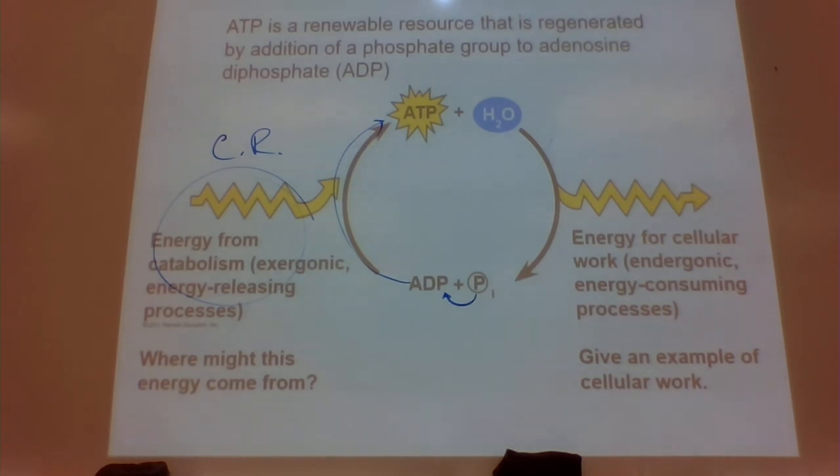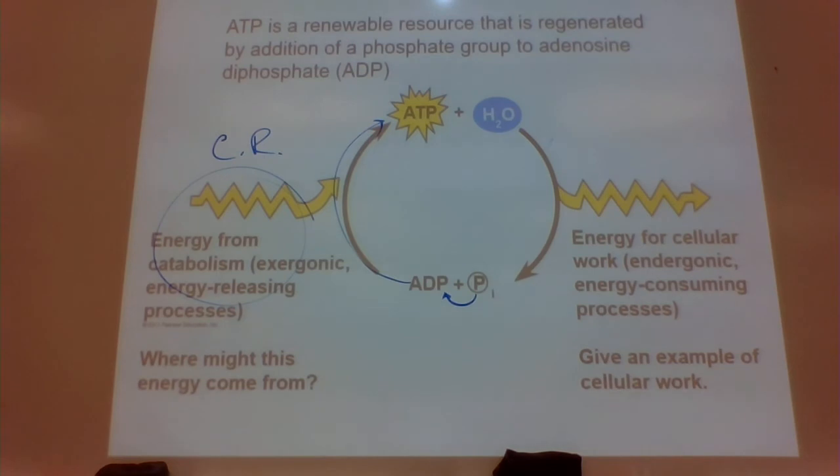Then you will break down all of your stored glycogen. And then you will break down your body fat. And as you're breaking down your body fat, you're taking equal parts body fat and equal parts muscle tissue. And then you will start consuming your internal organs, including your own heart.